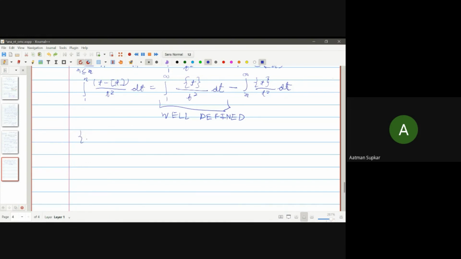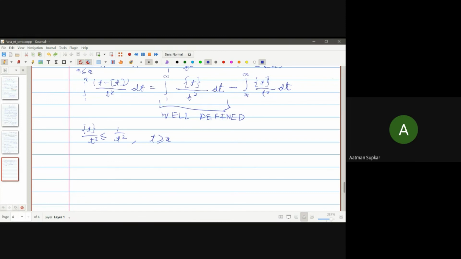Again, use again the very stupid bound: t by t square is less than or equal to 1 by t square. Now given t is greater than or equal to x, look at the bounds on this thing.